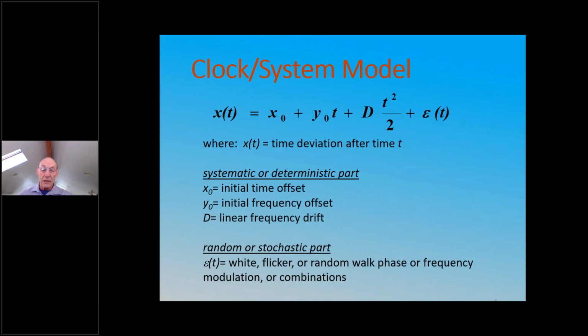I'm always going to be talking about the linear change in frequency in a very systematic way as drift. And then all the random or stochastic stuff is in this epsilon term. I don't know if you can see my arrow, but the epsilon is all the random or stochastic terms, and there are 5 random types that we use for characterizing clocks.